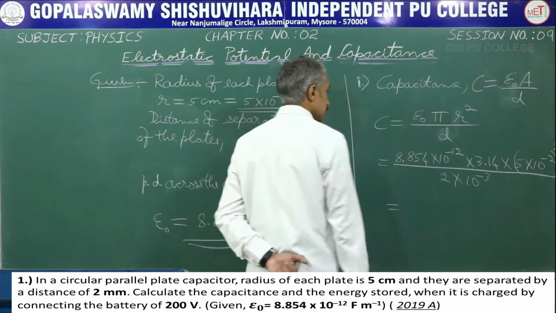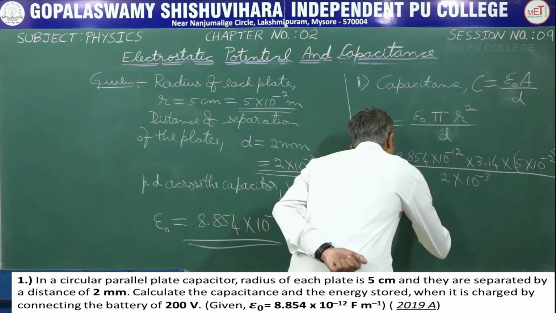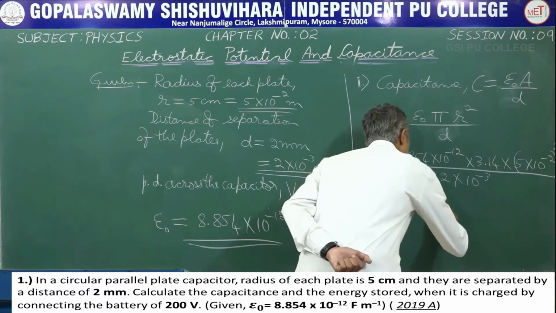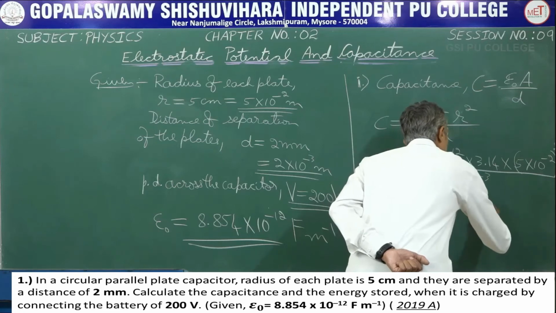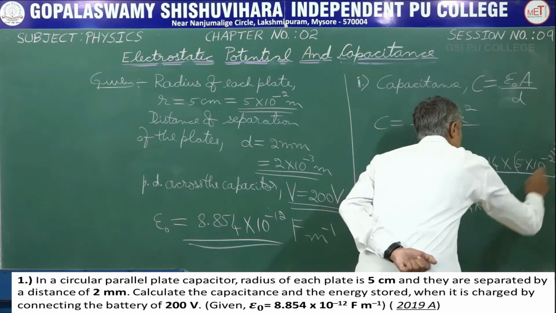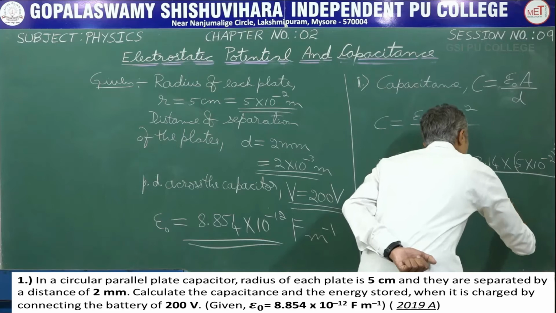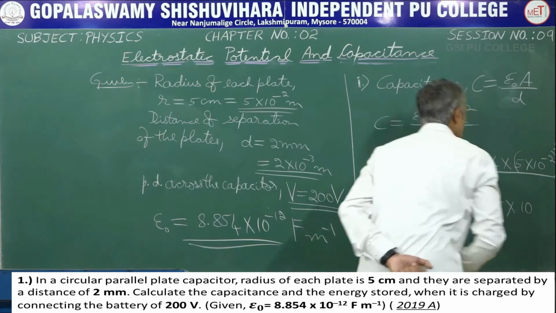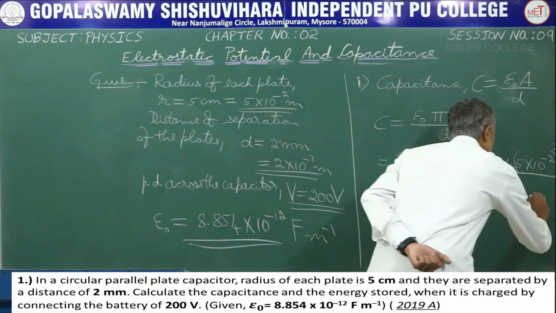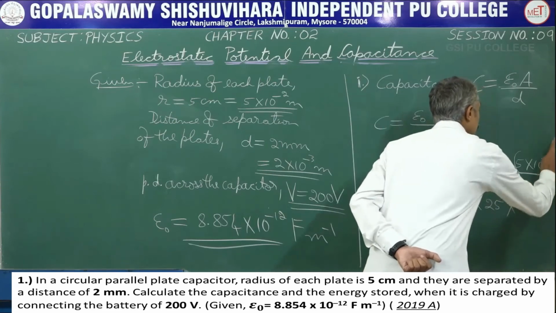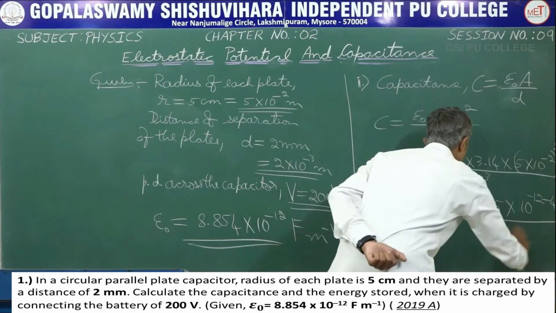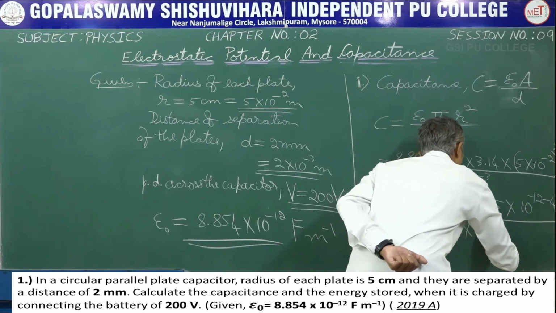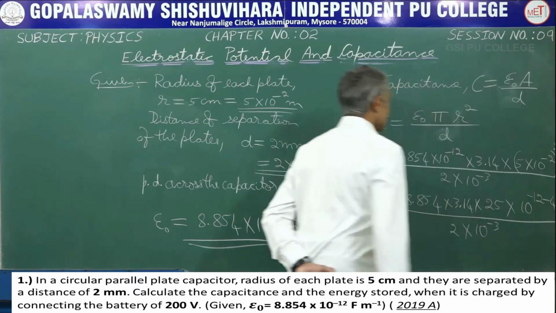On calculation, this is 8.854 into 3.14 into 5 square will give me 25 into 10 to the power of, I have minus 12 here, and minus 2 square will give you minus 4, whole divided by 2 into 10 to the power of minus 3.